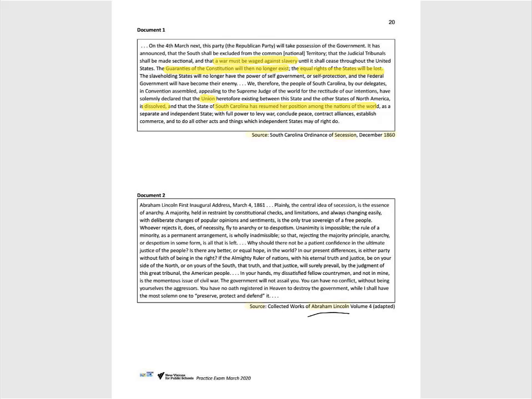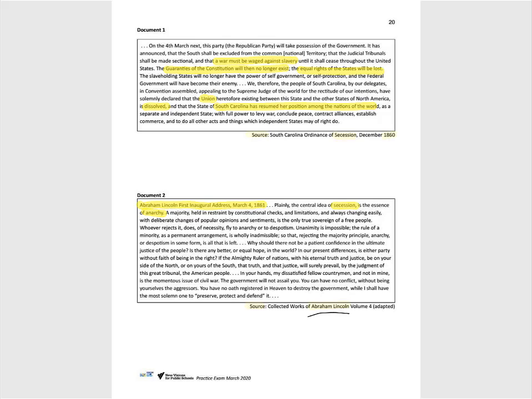Oh, great. So this, we know, is Lincoln's first inaugural address on March 4th, 1861. Plainly, the central idea of secession is the essence of anarchy. So he's comparing secession to anarchy. A majority held in restraint by constitutional checks and limitations, and always changing easily, with deliberate changes of popular opinions and sentiments, is the only true sovereign of a free people.